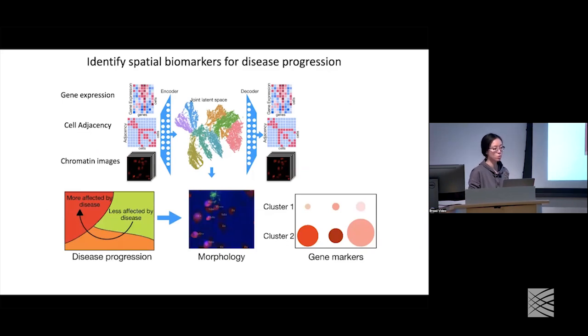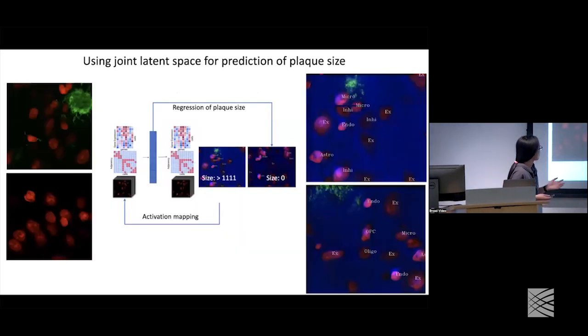And we want to do more with the chromatin images to identify perhaps the biomarkers during this disease progression and during the region-specific advancement of Alzheimer's disease. So now we have the joint latent space of all 3 modalities.